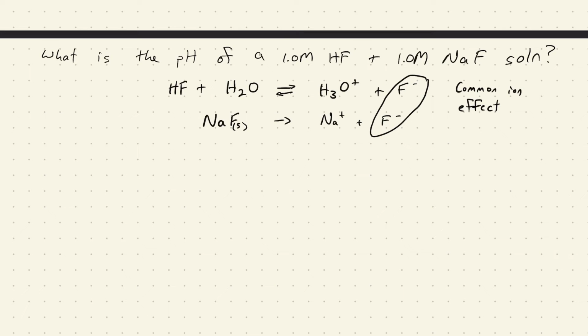And you remember from Le Chatelier's principle that if I do this, my stress is that I increase the concentration of fluoride ion, which means that the system is going to try to decrease the concentration of fluoride ion, and it'll do that by shifting towards reactants.